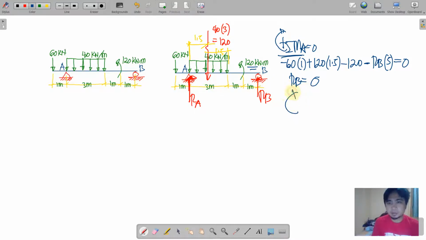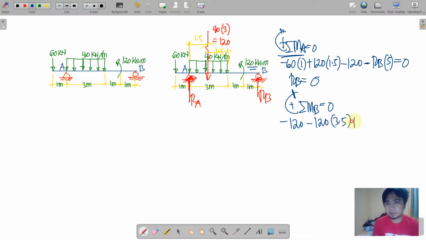So let us validate that our RA should be equal to 180. So we have summation of moments at B equal to 0. We have negative 120 for that rotation. So another negative rotation, 120, so 1.5 plus 2, that is 3.5. Okay.